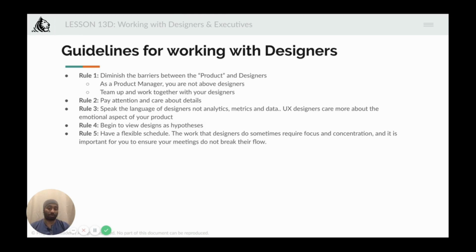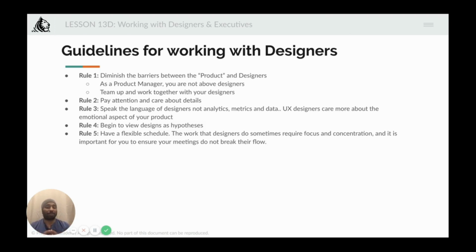They have done their own user research, so they might be able to do some really good work at explaining to you how certain behaviors are being observed and what can be done to make the changes or to improve the features. So team up, understand that you are part of the same team, and help the designers by coming together and talking to the stakeholders in building the right products and right designs.